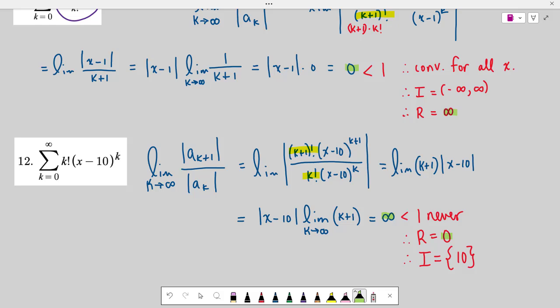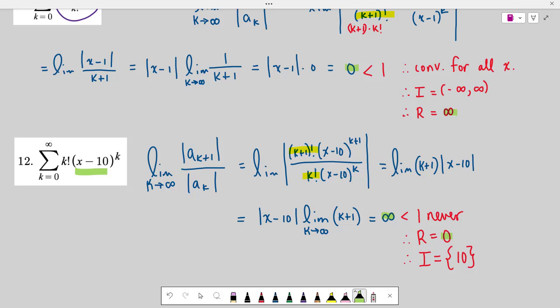So when you get a 0, that's less than 1, so you have an infinite radius of convergence. And when your limit is infinity, that's never less than 1. So the only value for which the series converges is the center of the series. And the center of the series is always whatever is being subtracted from x. That's the center.